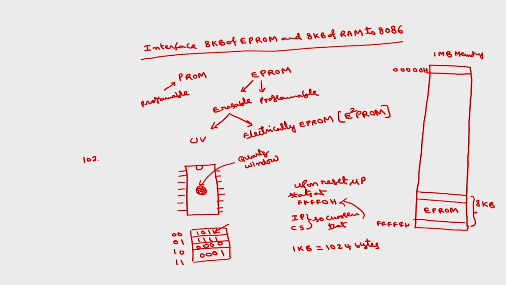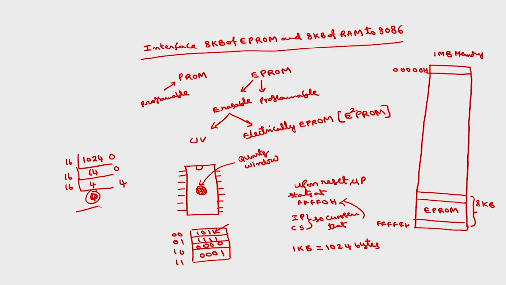To convert into hexadecimal, we have to divide by 16. 16 times 64 is 1024, remainder 0, quotient 64. Dividing again by 16: 16 times 4 is 64, remainder 0, quotient 4. Then 16 times 0 is 0, remainder 4.